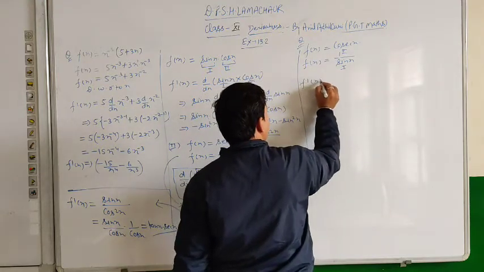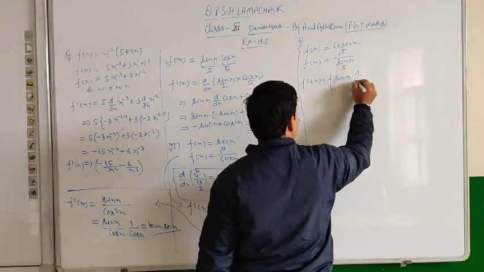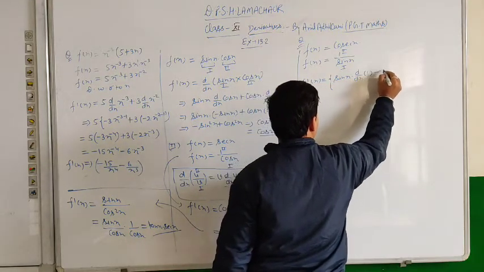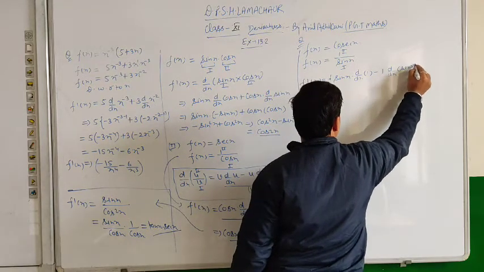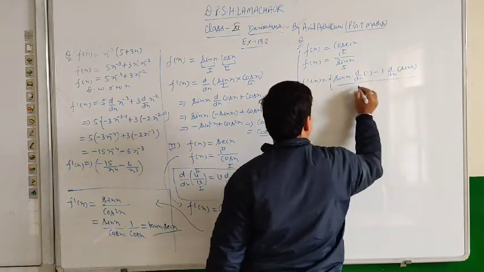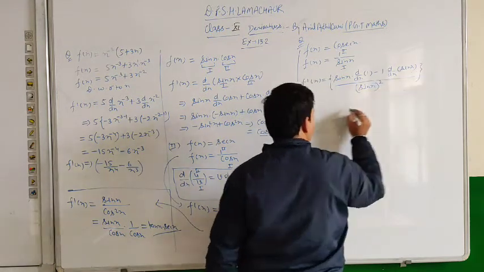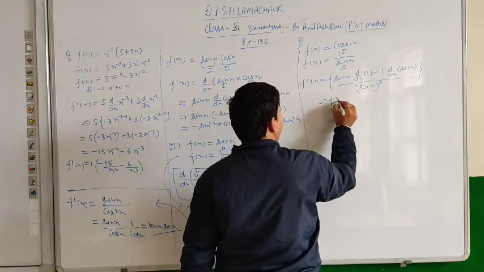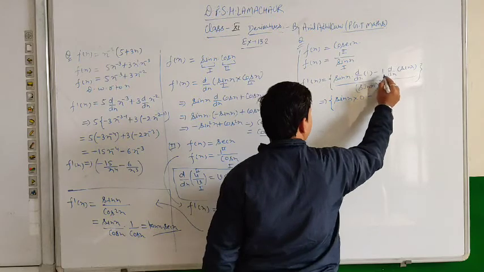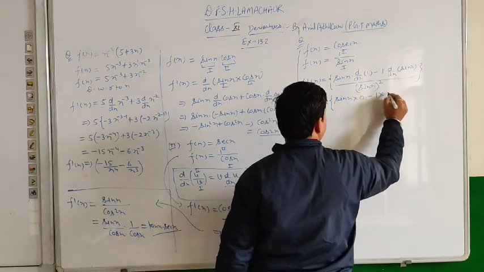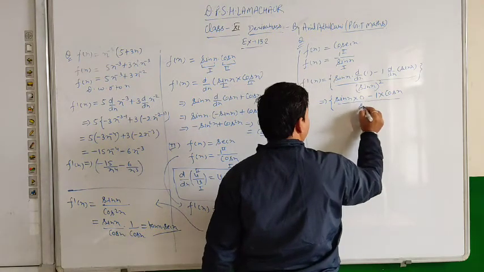So f dash x is equal to, now apply the formula, first function, derivative of second, minus second function, derivative of first, divided by first function whole square. Okay, this is the quotient formula. So sin x multiplied by derivative of 1 which is 0, minus 1, derivative of sin x which is cos x, divided by sin square x.